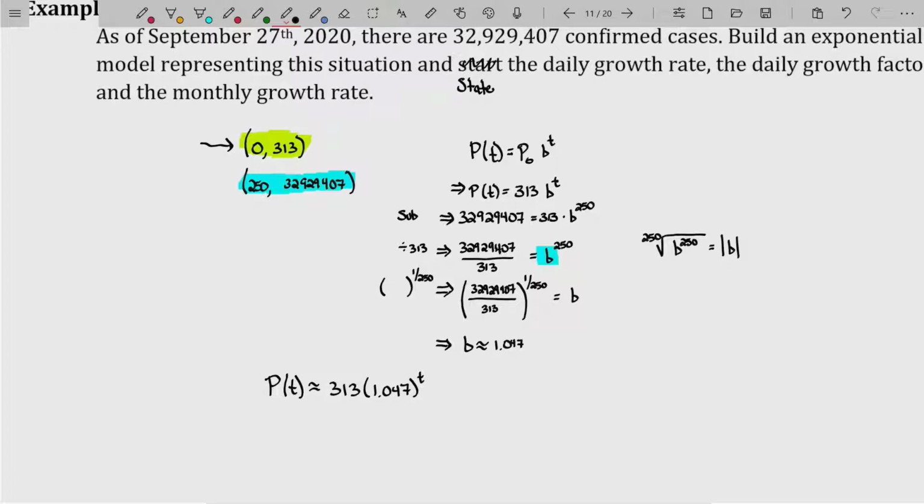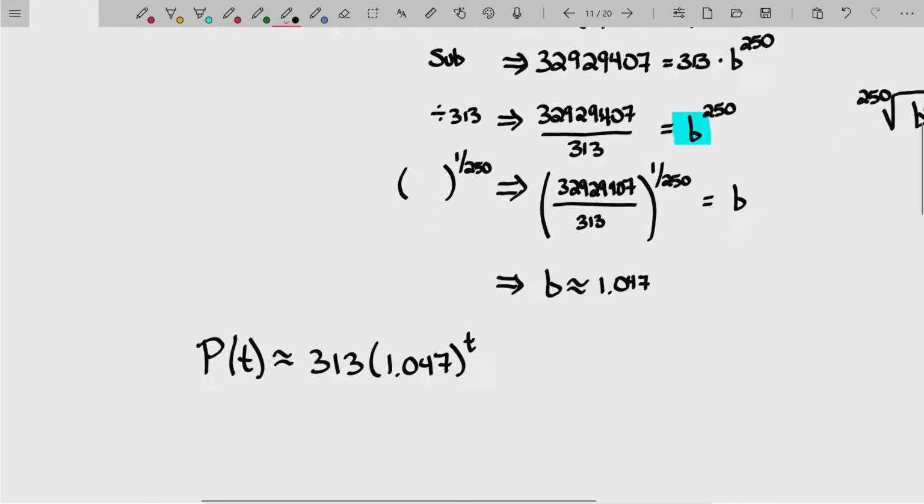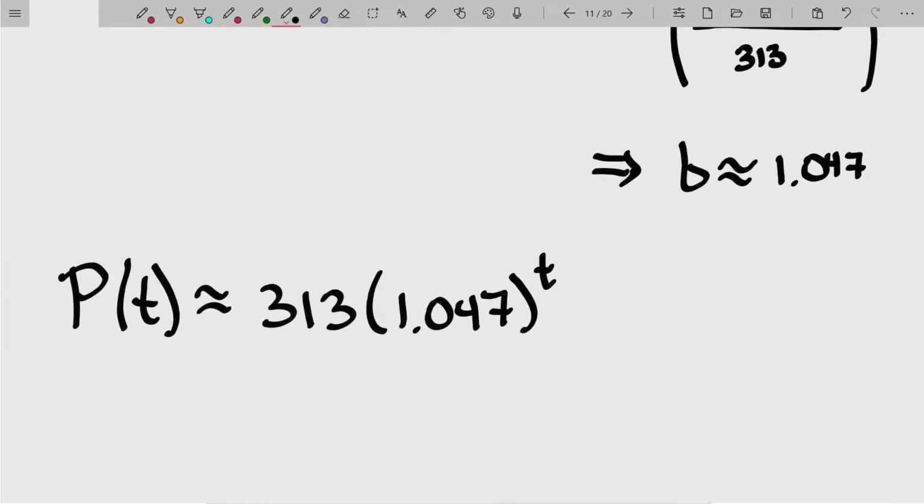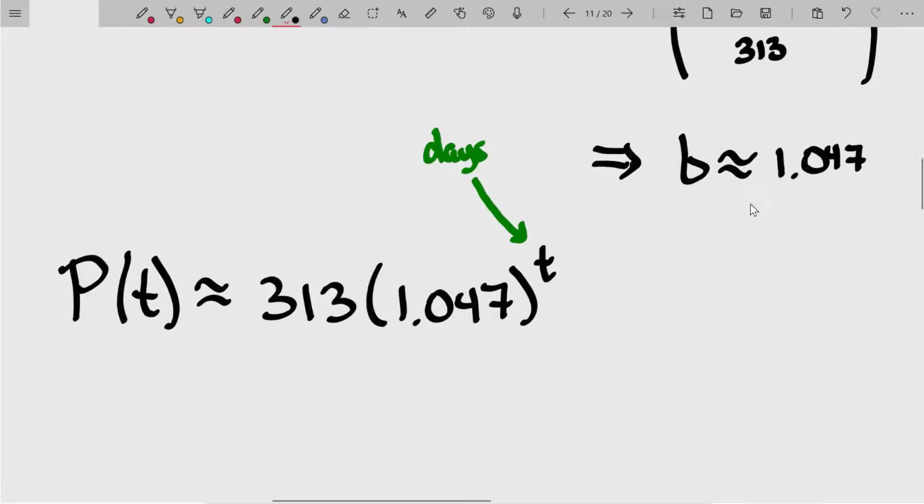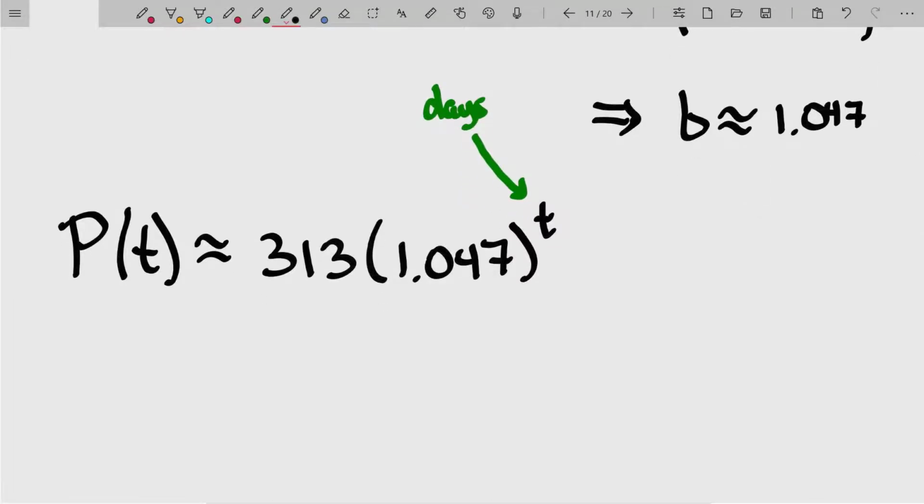State the daily growth rate. Well, if you think about this, t is in days. That's what the units for t are, days. So our daily growth rate, as we know from the previous video in this series, can be written as 1 plus 0.047.